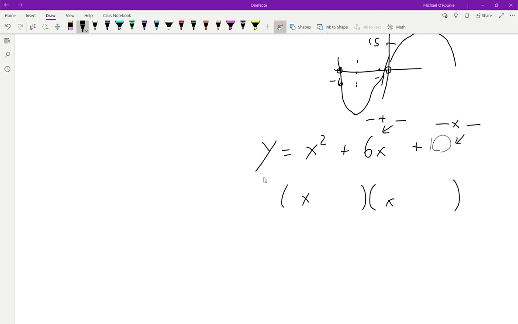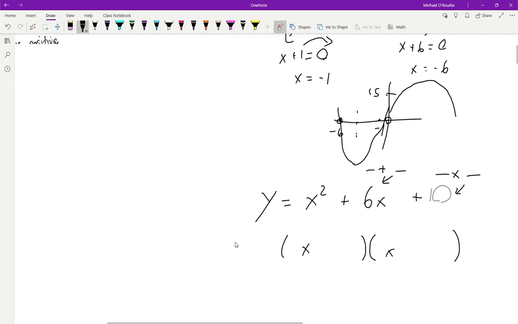But we know it has zeros, right? They're just really ugly zeros. 7.359 and negative 1.359. Okay? So there is actually a number that adds and subtracts in a way. So how do we figure that out? That's what we're going to work on today.